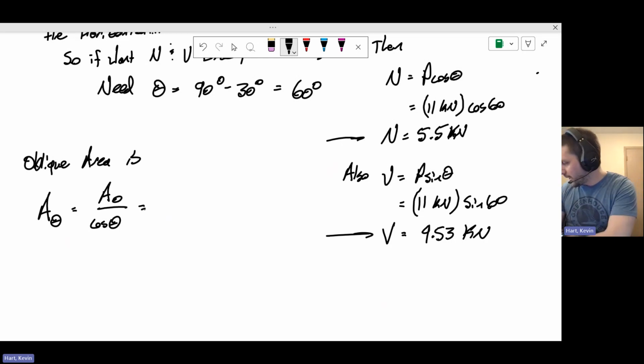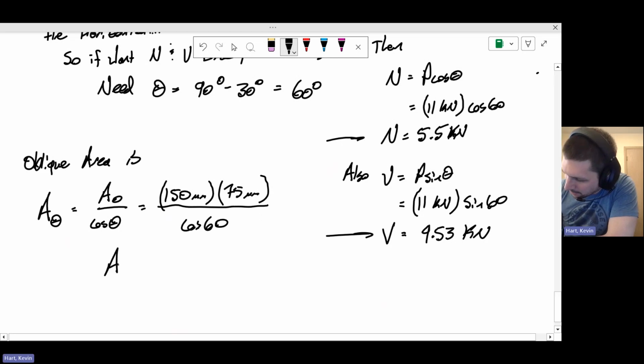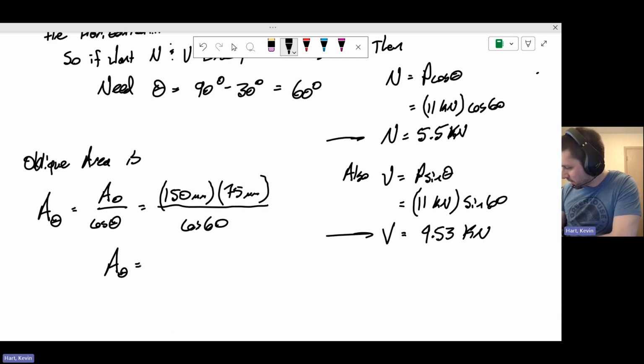The original area A naught is 150 millimeters times 75 millimeters, divided by cosine 60, where I have a new modified oblique area, which here is going to be 0.00225 meters squared. I did it in meters in my solution here, so I guess this would be 22,500 millimeters squared.